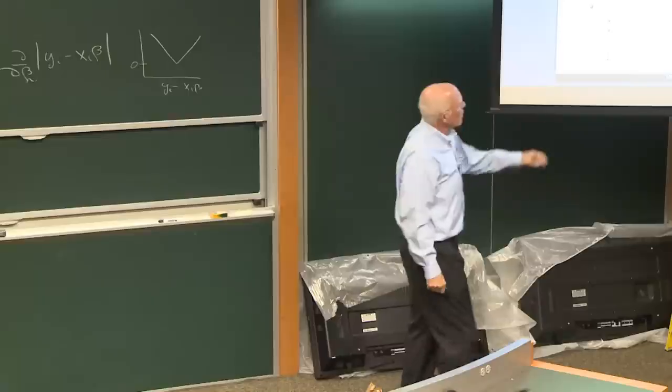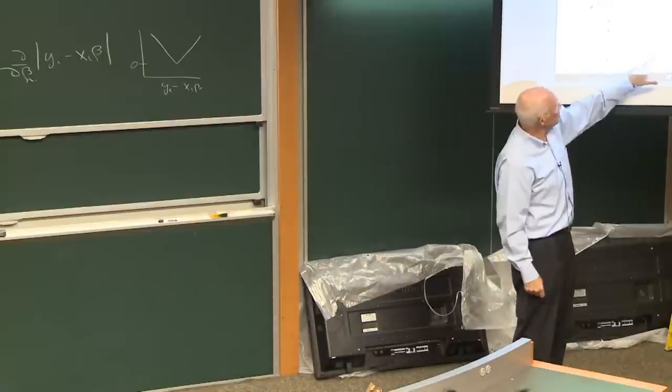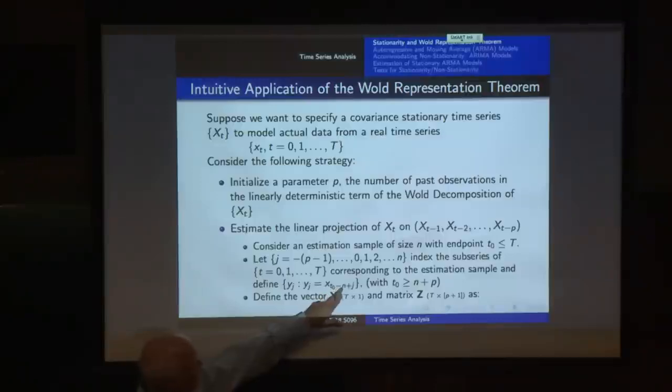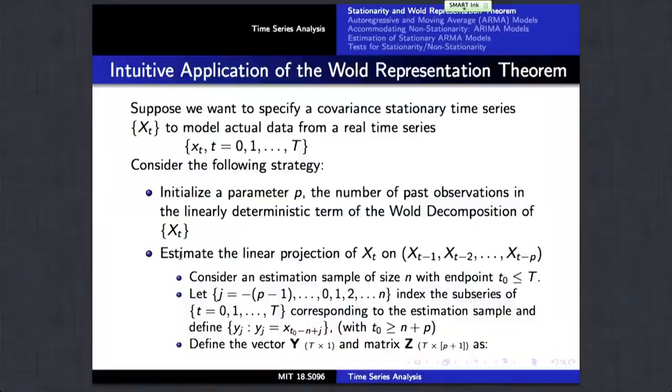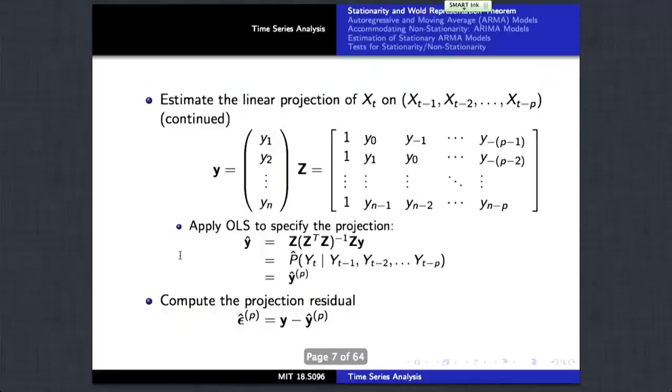And so our response variables yj can be considered to be x at t naught minus n plus j. And define a y vector and a z matrix as follows.